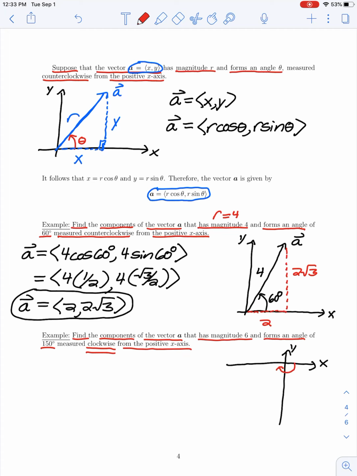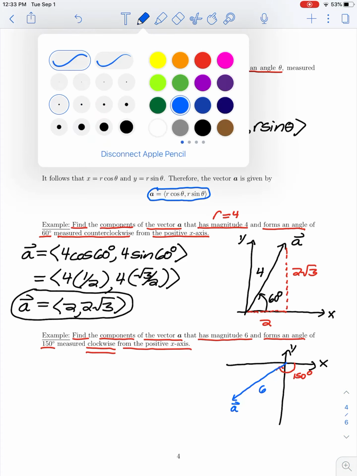So rotating clockwise 150 degrees, we're 30 degrees short of a 180 rotation. And then we're taking a vector whose magnitude is 6. So this is the vector we're calling A. And we want the components of that vector.